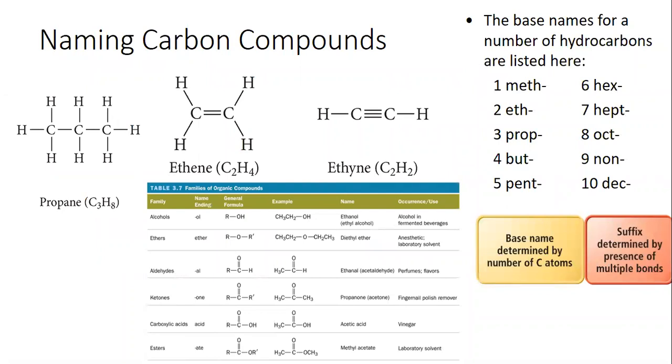The last thing that's going to be on test 1 is carbon compounds, how to name carbon compounds. And those of you taking organic or will take organic chemistry, you'll look at a lot of this, but I just want to get the basics down to begin with.